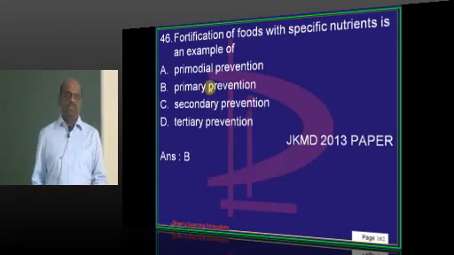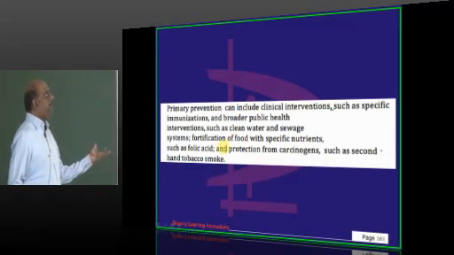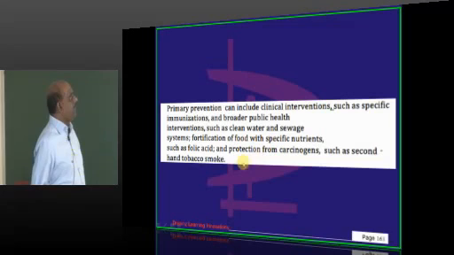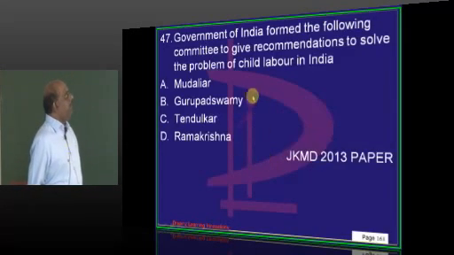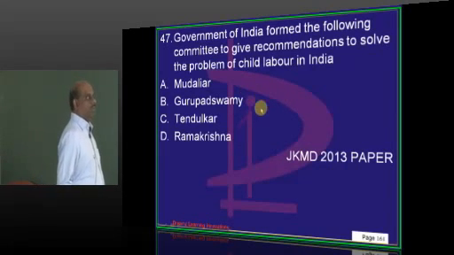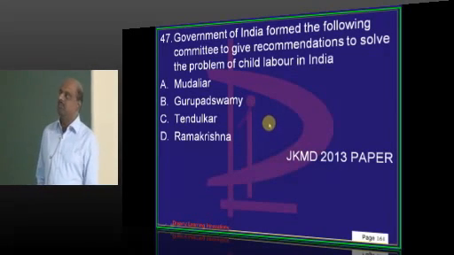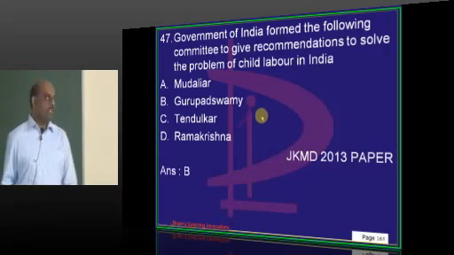Fortification of foods is a classical example of primary prevention with specific nutrients like folate, etc. Then what is that committee which said child labor should be abolished?